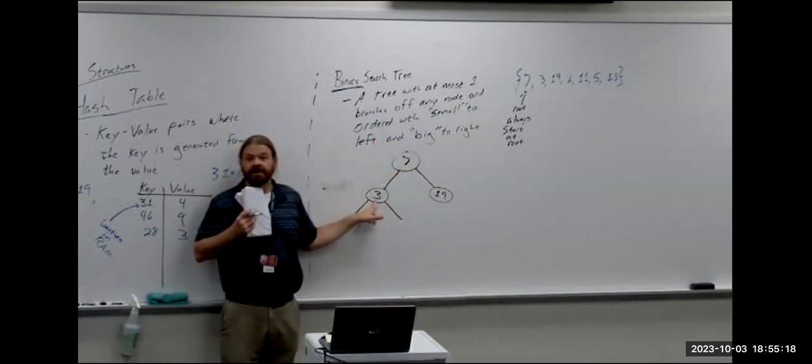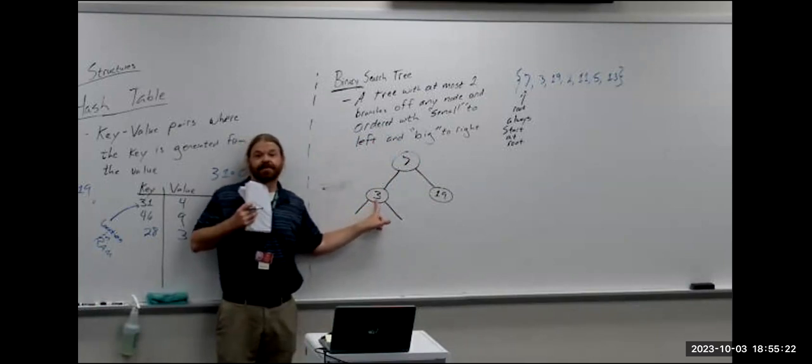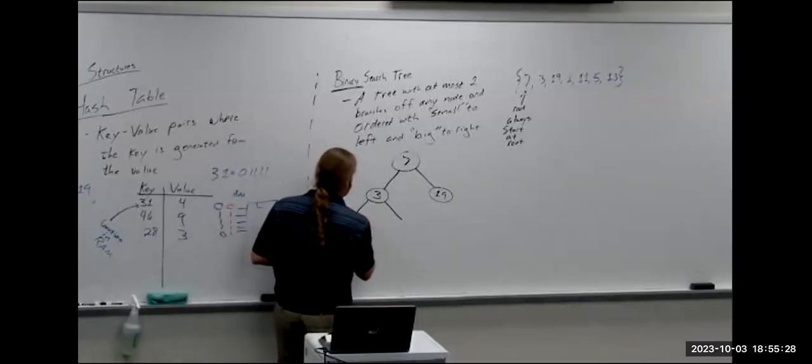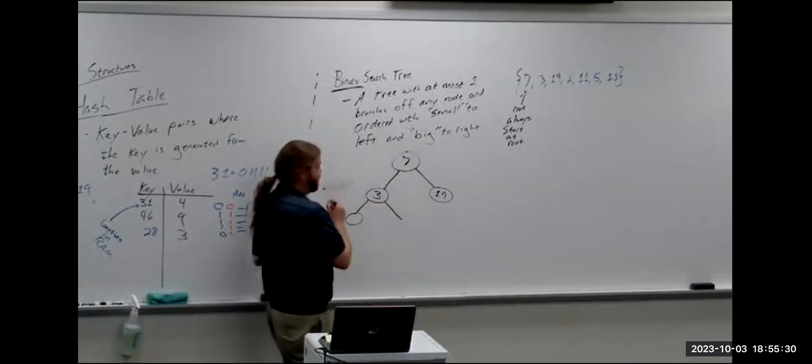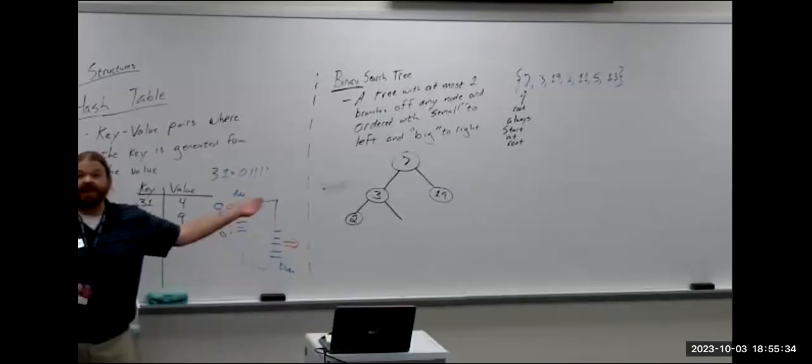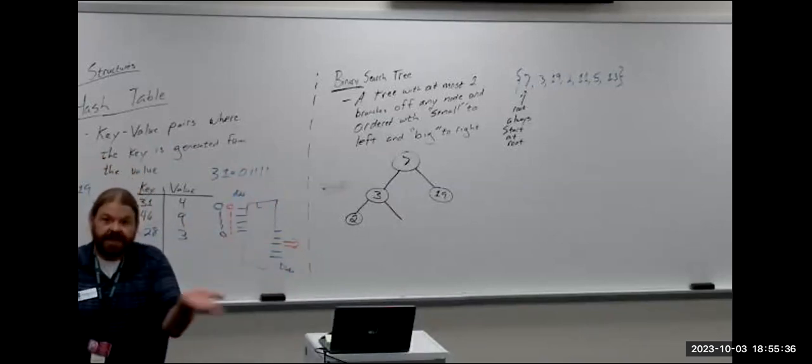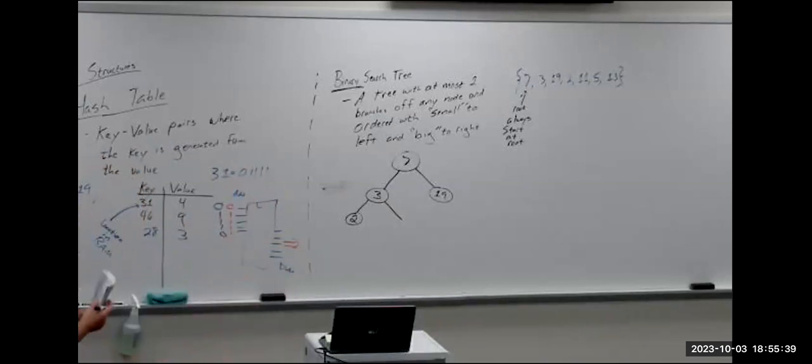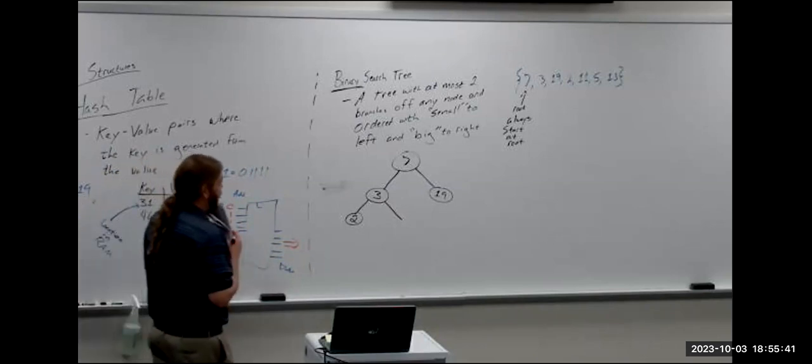Well, there's a node here, so we have to decide again. Which way do I go at this node? You go, I assume, left again. Yes. It always follows that pattern. So this repeats at every single node. So we go left again, and we hit an empty branch. So that's where our leaf goes in.